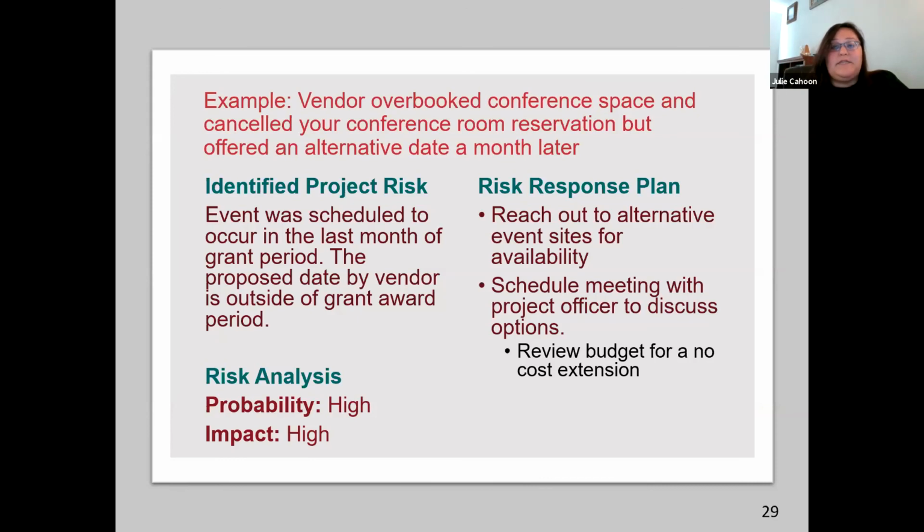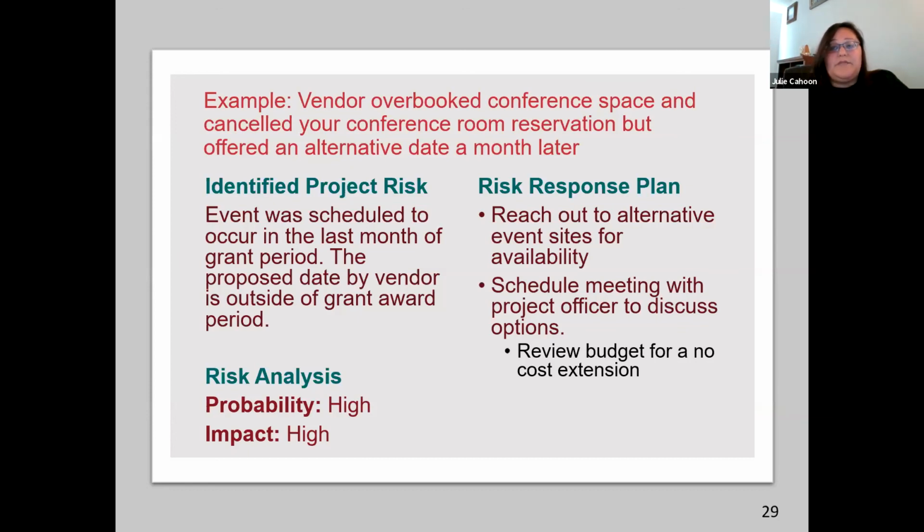The risk analysis here is that the probability of this occurring is high. You no longer have your space that you've been planning on for months. And the impact is also high because, again, you have a large number of budget dollars associated with this particular event. So this does rise to the level of needing to create a risk response plan.